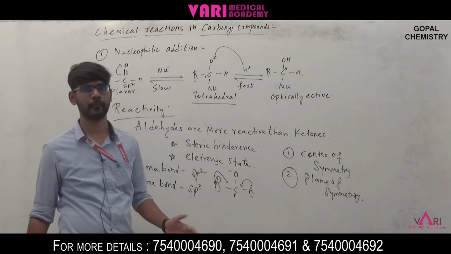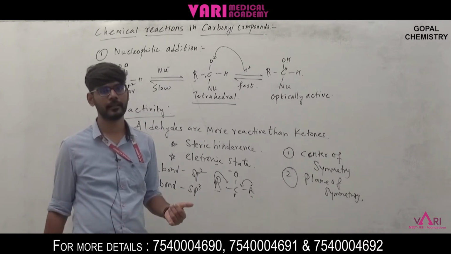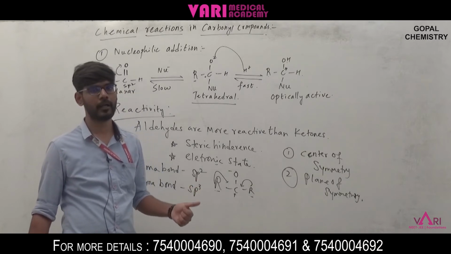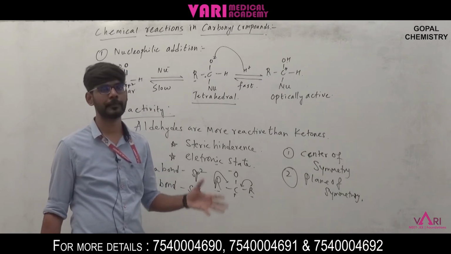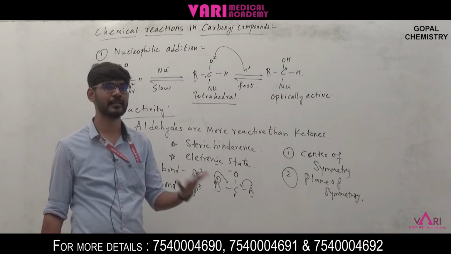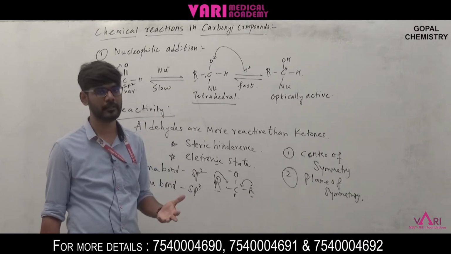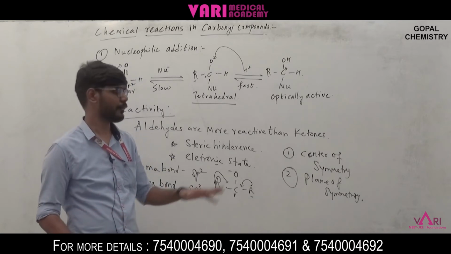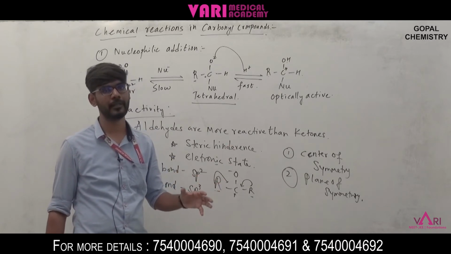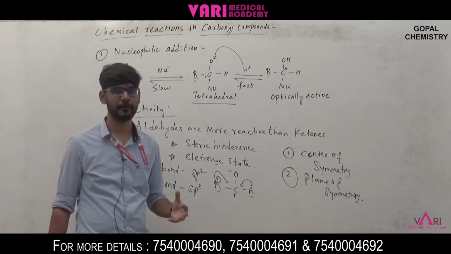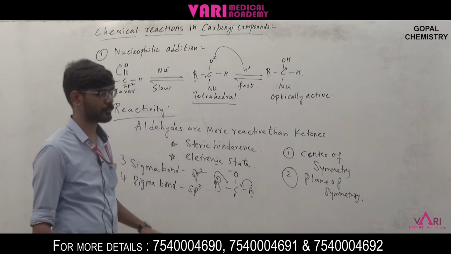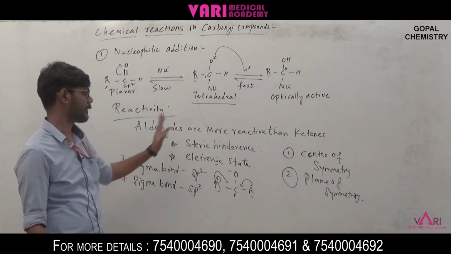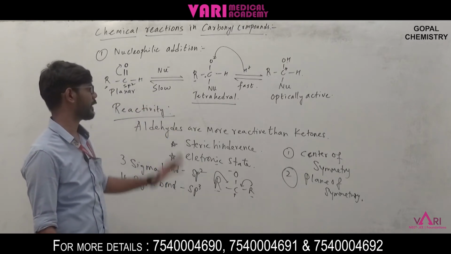A chiral carbon is nothing but a carbon bonded with 4 different groups, or the compound should have a non-superimposable mirror image, or else the absence of symmetry elements, that is center of symmetry and plane of symmetry, which results in the compound being optically active. So this is how nucleophilic addition is taking place.